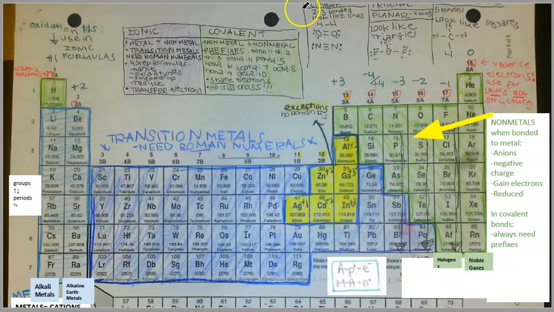I wrote down my little shapes, linear versus trigonal planar versus, that should say tetrahedral up there. They look like squares. I wrote some notes about ionic versus covalent. Ionic is metal plus a nonmetal. Covalent are nonmetal plus nonmetal. And I wrote about prefixes are used in those names, whereas transition metals and ionic compounds will need those Roman numerals, and I labeled those.